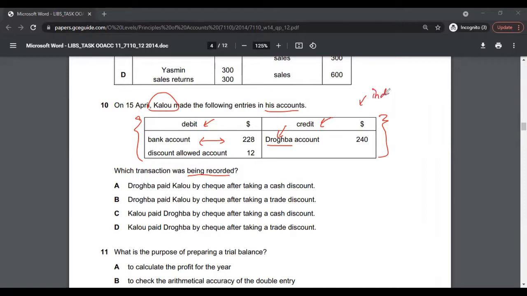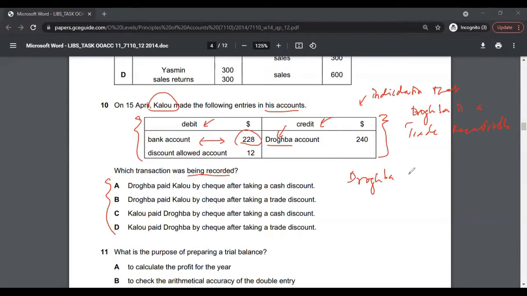So from looking at these transactions, to me, there's this indication that Dorgba is a trade receivable. He paid $240, or to say he paid $228 to Kalu. So in other words, if I'm not even looking at these options right now, I'm just trying to understand what's happening here and explaining what's happening.